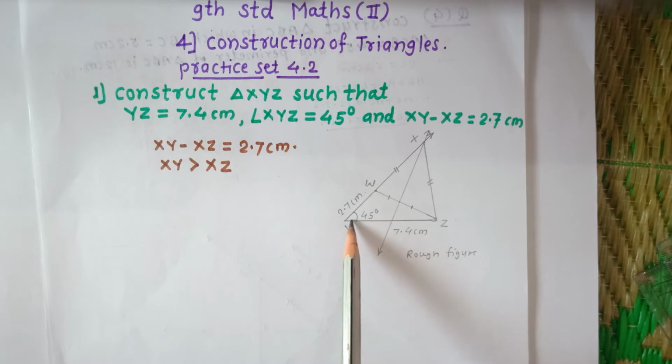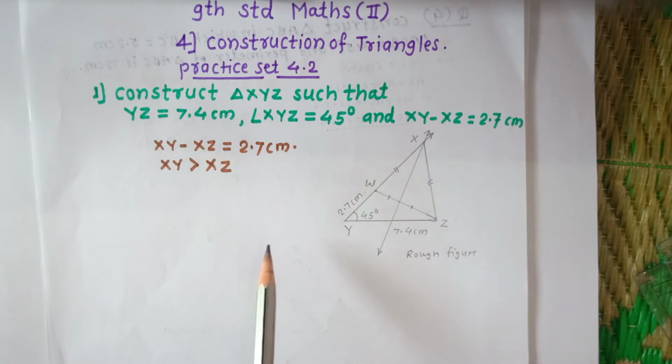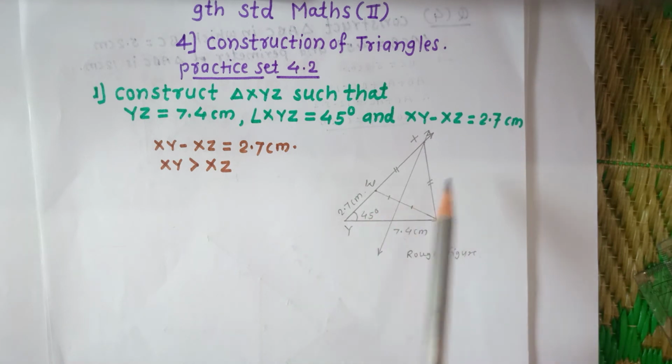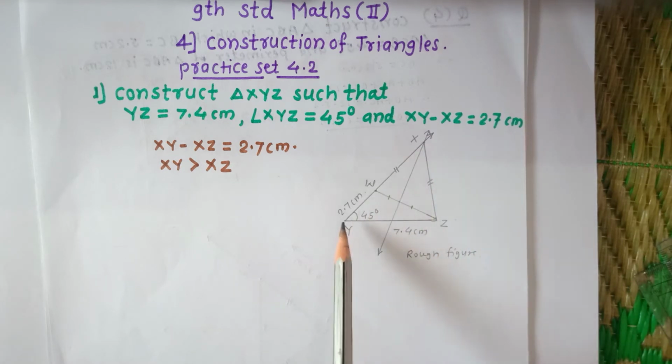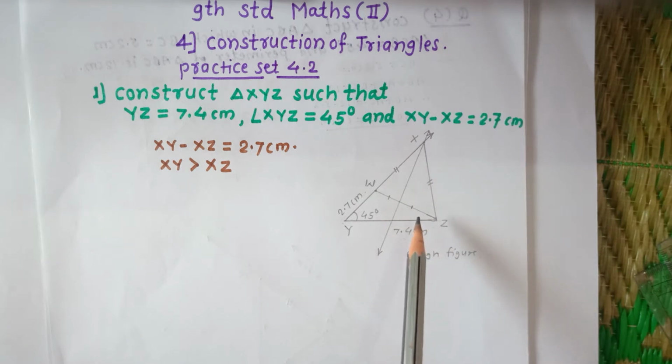So we have to draw this angle Y 45 degree here. Now the difference of the remaining two sides, that is XY minus XZ, is given here.